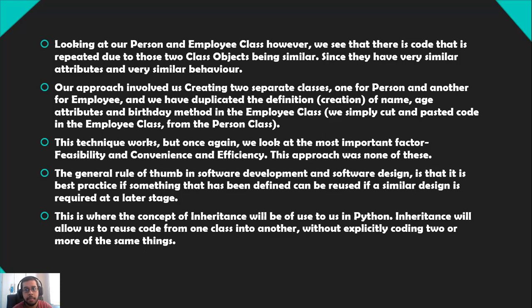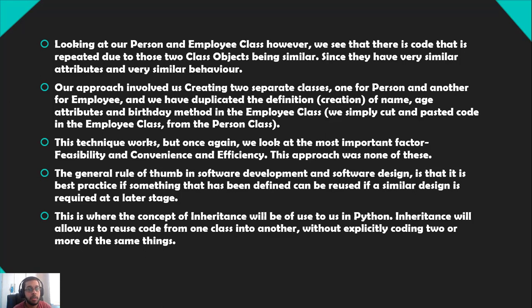We simply cut and paste the code in the employee class from the person class. This technique works, but once again, we look at the most important factor, feasibility and convenience and efficiency. This approach was none of these.